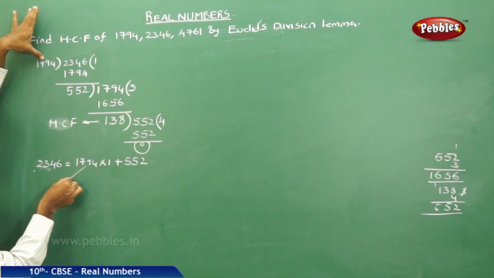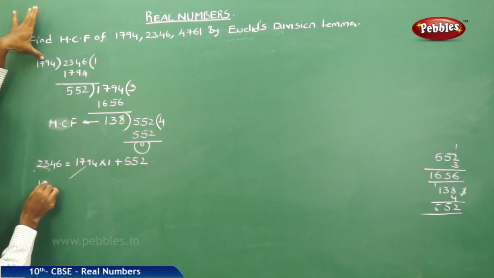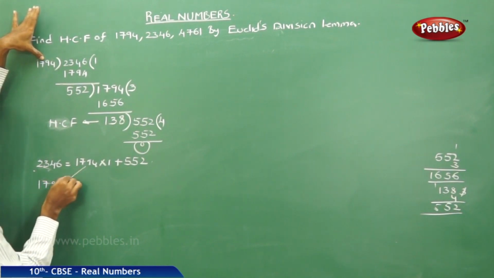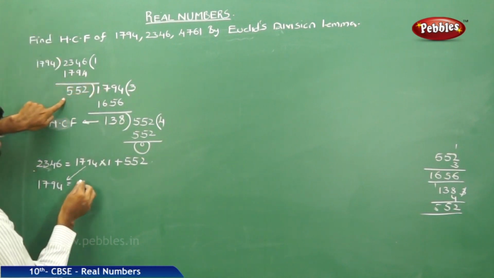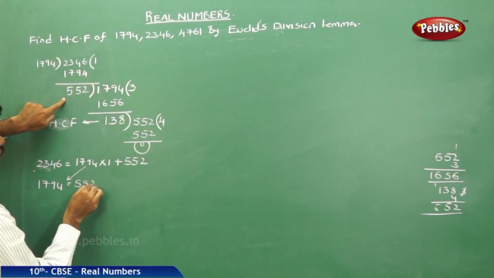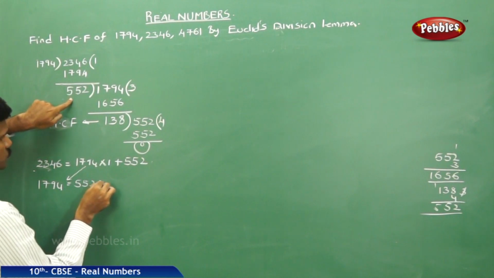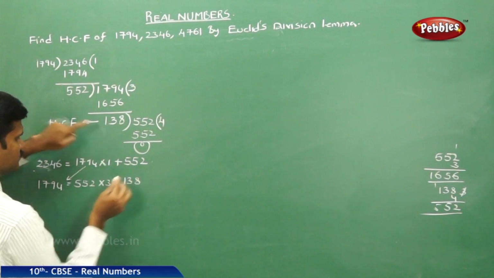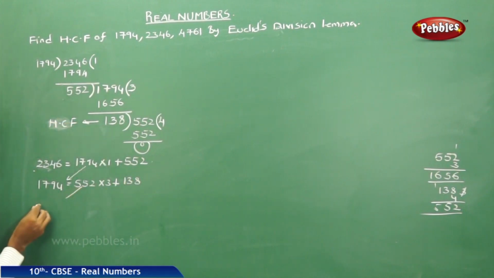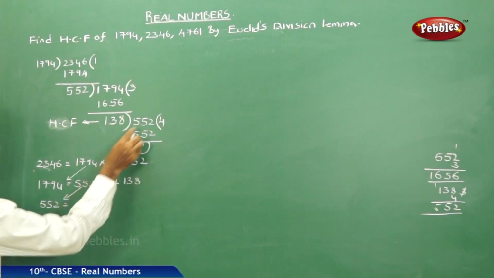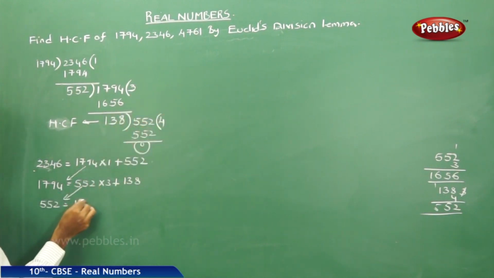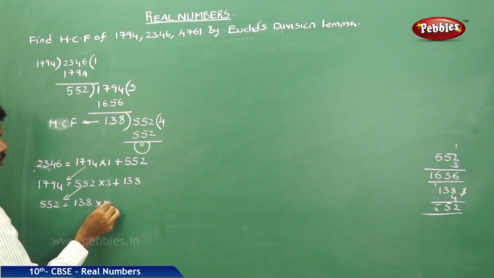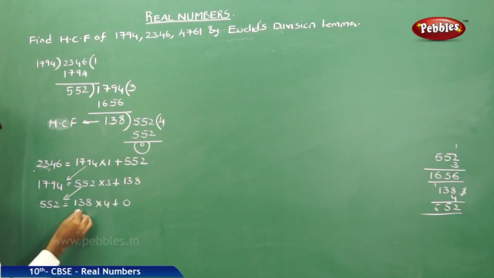Next, your new dividend 1794 will be broken down into 552 into 3 plus remainder 138. Next, 552 can be broken down into 138 into 4 plus 0.